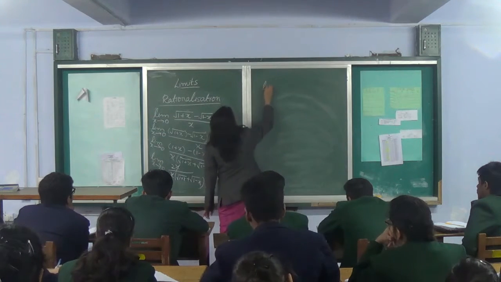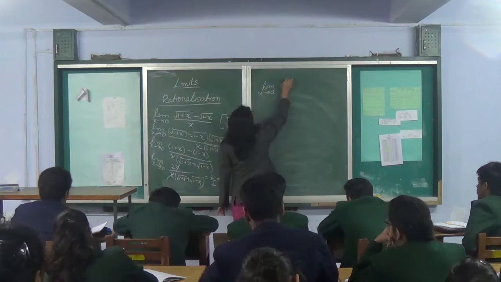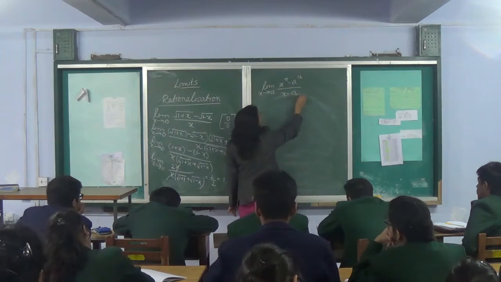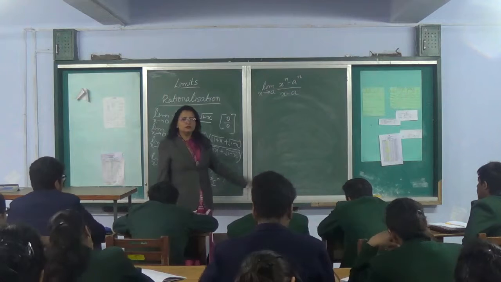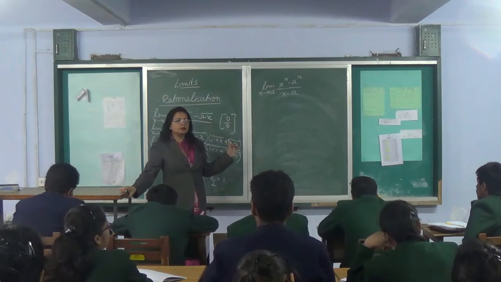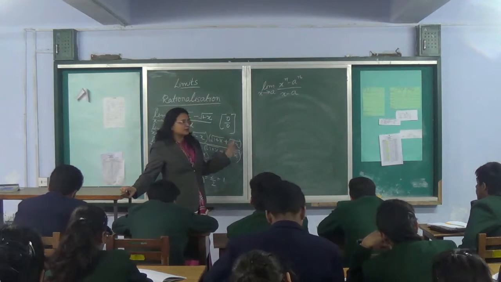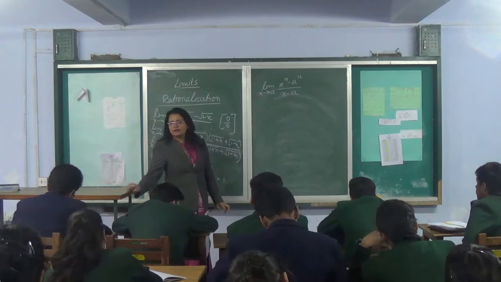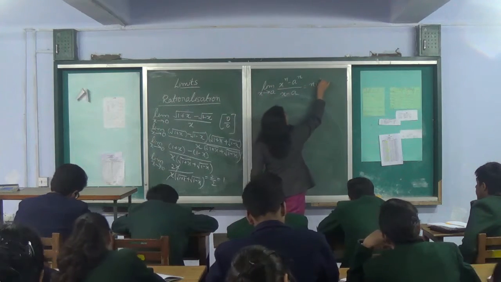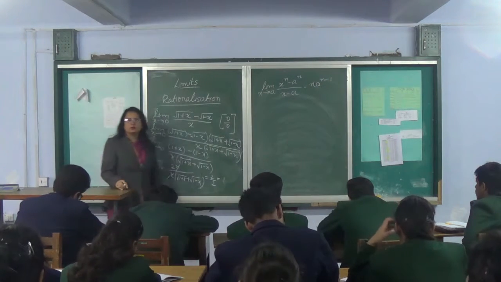For that the formula is limit x tending to a, x to the power n minus a to the power n upon x minus a. You will not apply this formula unless the function is given in the same form. It's x to the power n minus a to the power n upon x minus a. This is equal to n into a to the power n minus 1.